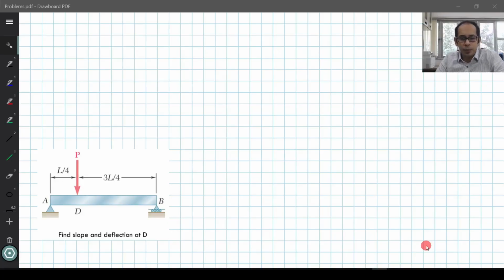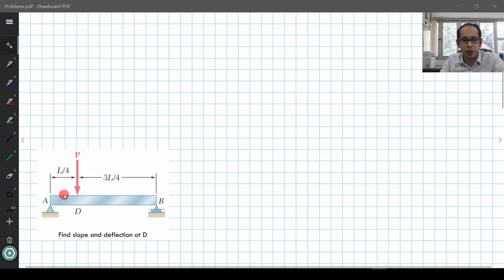This is a problem example which has a discontinuity in the beam within itself, at this point P, where you have an applied load, and it asks you to find the slope and deflection at D, exactly at that point. Now here you cannot do away with just writing one expression for the moment, because you are asked to find the slope and deflection exactly at the point of discontinuity.